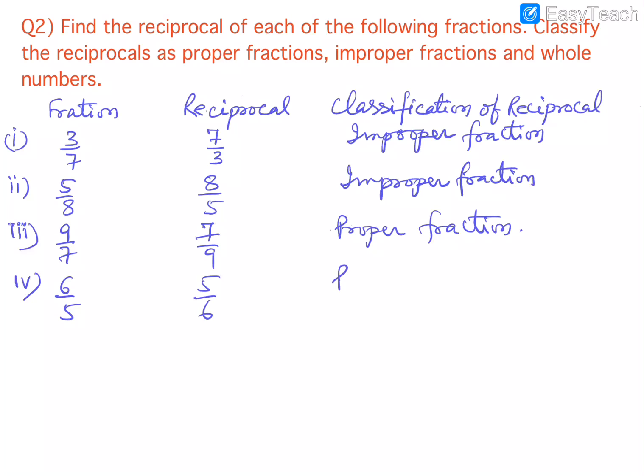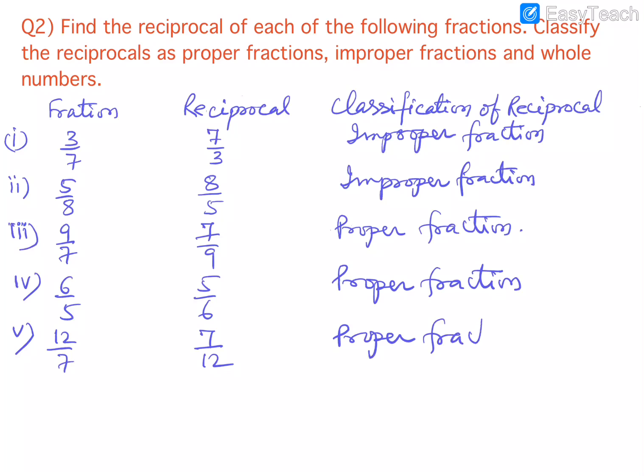This is also a proper fraction. Fifth part, 12 by 7, and whose reciprocal will be 7 by 12. This is also a proper fraction.